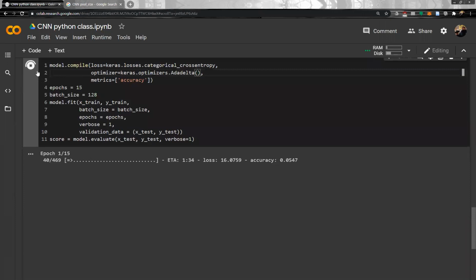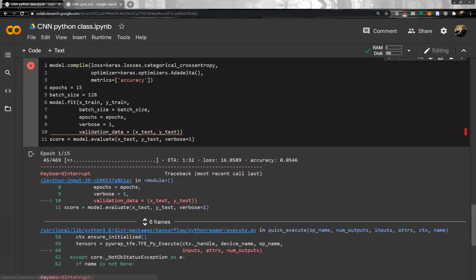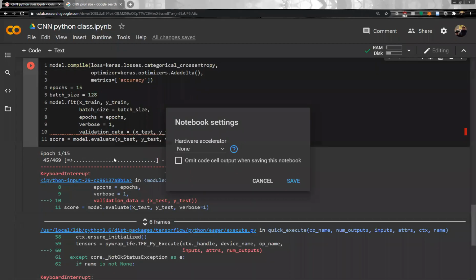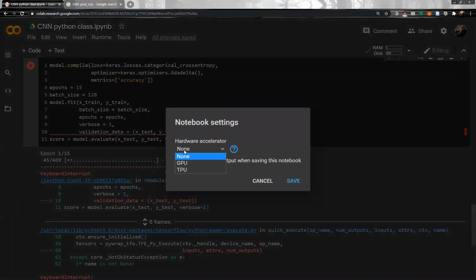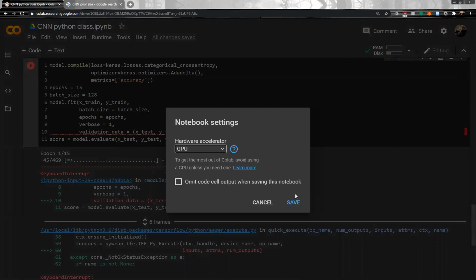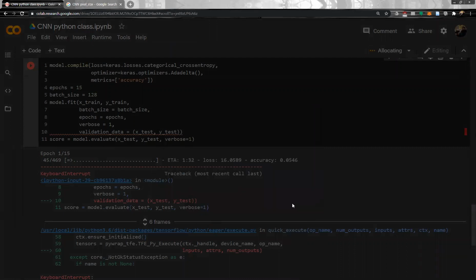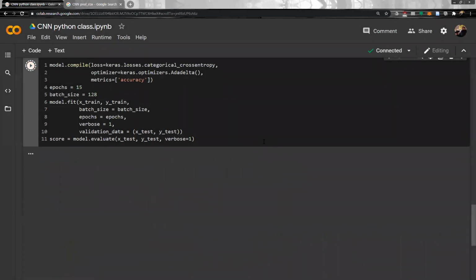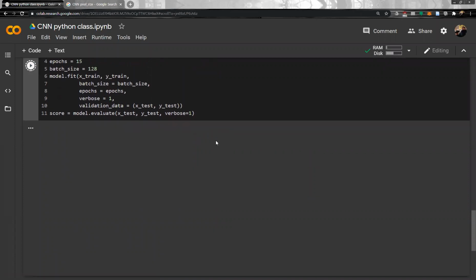Okay, sorry, let me stop, and then I change the runtime type into GPU, save. And then I'll run the entire thing again. Okay, it should be faster.